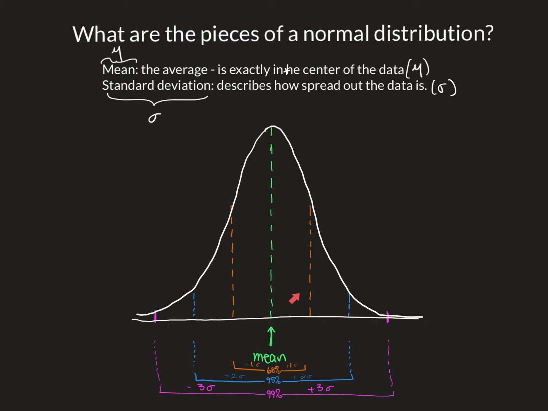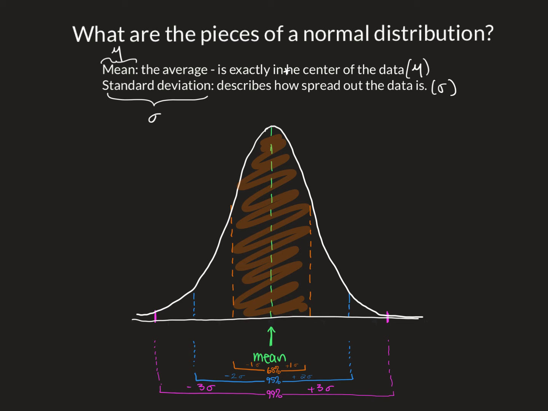Every normal curve, no matter which one you're looking at, will have exactly this structure, where you'll notice I've got all of these: -1 sigma, -2 sigma, -3 sigma. What this is saying is, if you have the mean, and -1 sigma and +1 sigma, all of this area right here is plus or minus 1 standard deviation.